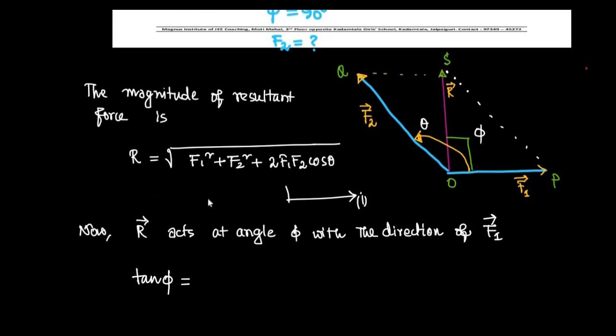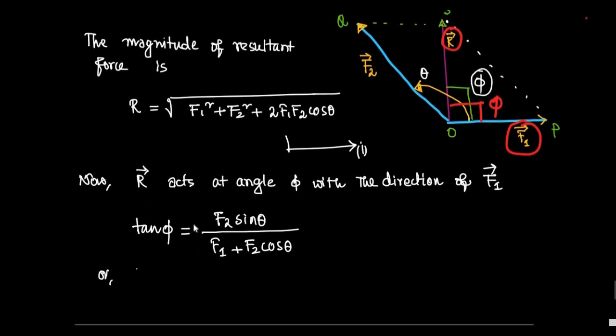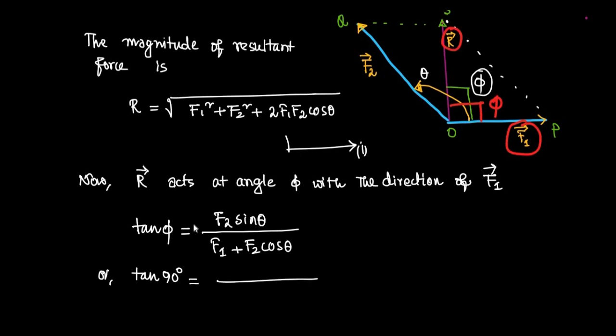That's why phi is measured with respect to vector F1. So tan phi is equal to F2 sin theta divided by F1 plus F2 cos theta. Or tan 90 degree is equal to F2 sin theta divided by F1 plus F2 cos theta.